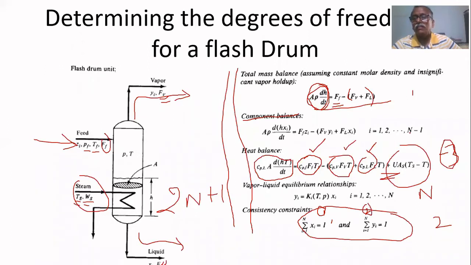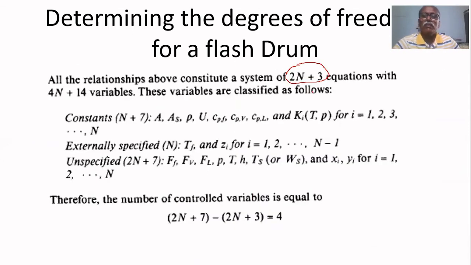This is n, this is n minus 1. If you add these two together, you will get n. n plus n, 2n plus 3. So the total number of equations for this flash drum is 2n plus 3. So the number of independent equations is 2n plus 3, with the number of variables equal to 4n plus 14 variables.